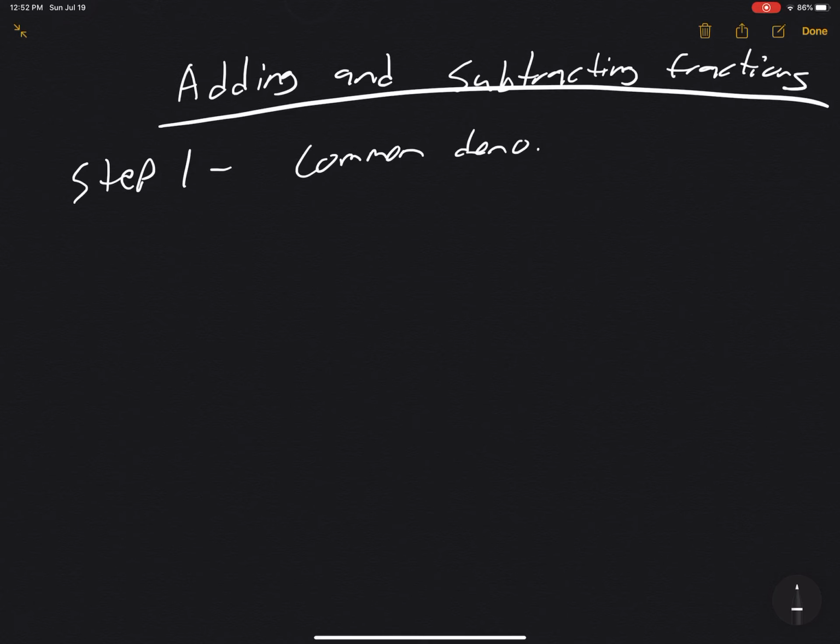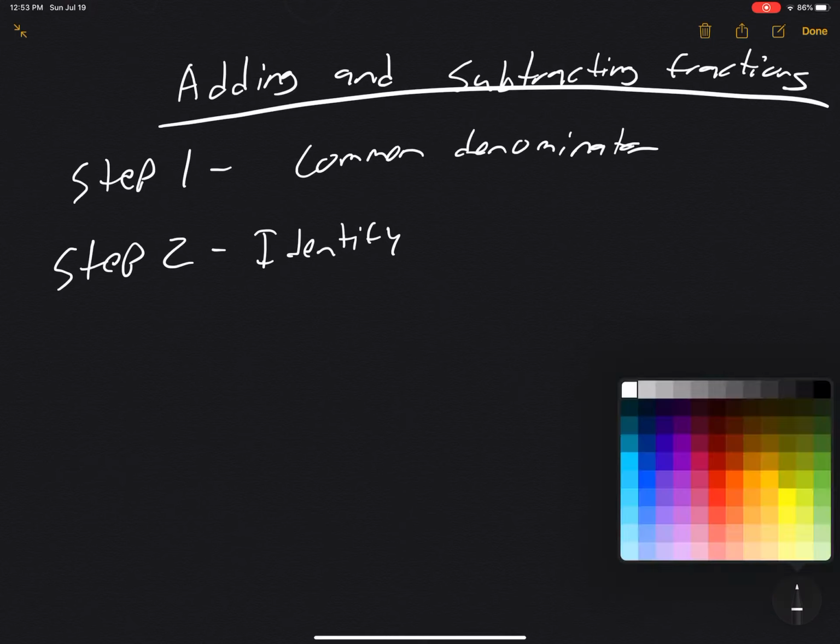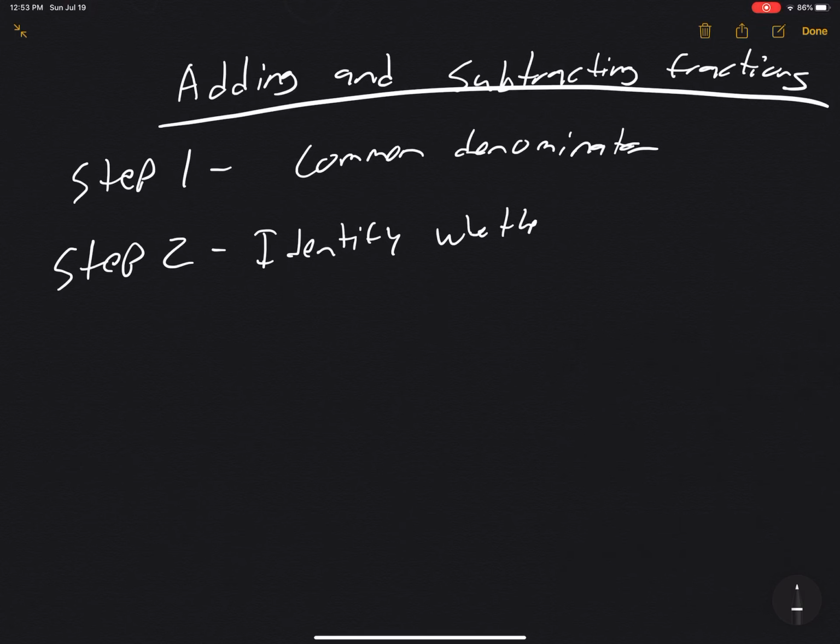I'll just breeze through the steps and then we'll talk about them with a few practice problems to make it easier. Step 2, identify whether you need to add or subtract.